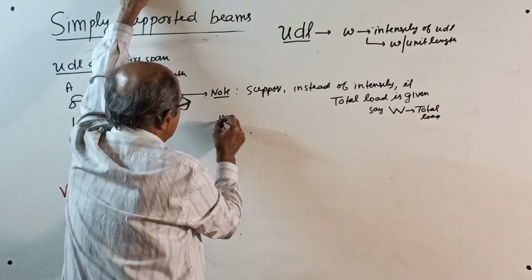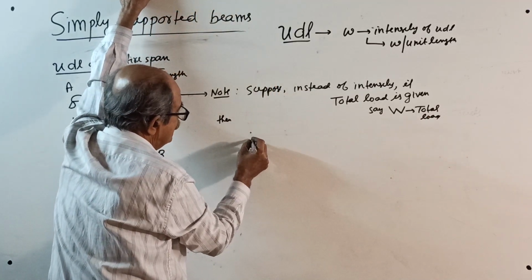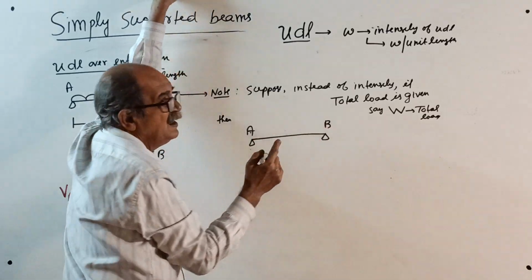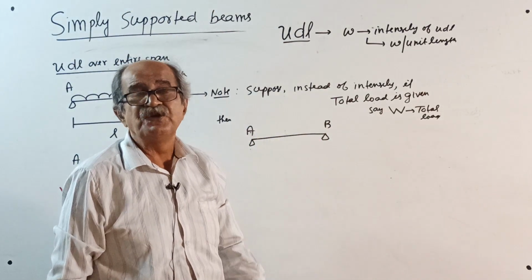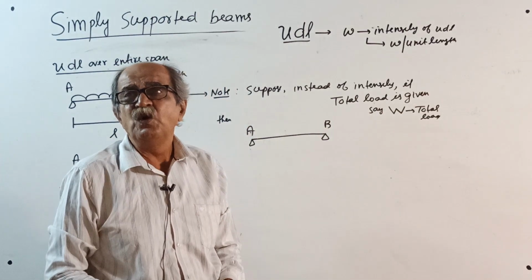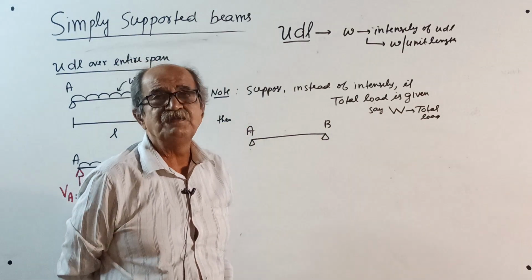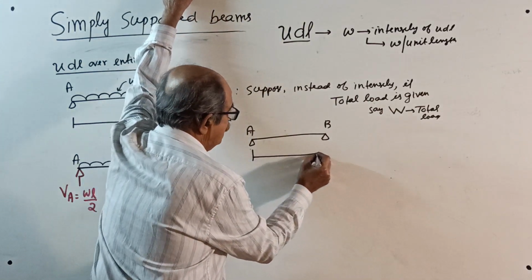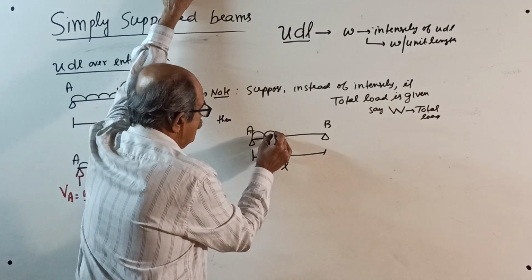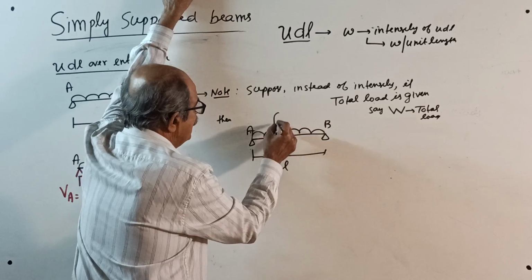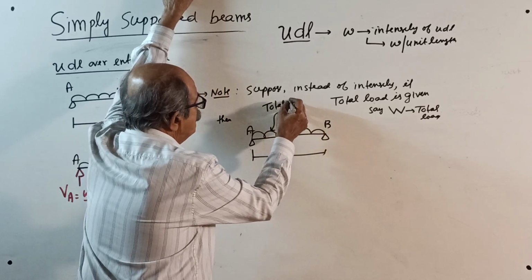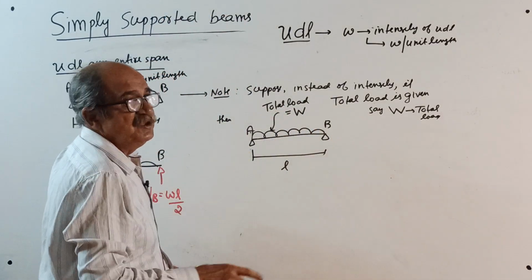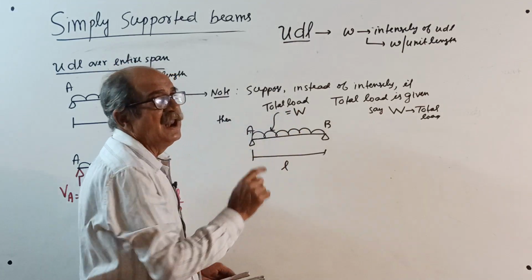Then, I explained earlier, see, this is a beam. Sometimes, especially in competitive examinations or academic questions, they tell you a uniformly distributed load over entire span, comma, total load is W. Means span L, they will not give intensity, they will write here total load or simply total equal to W. Means your intensity is W by L per unit length.